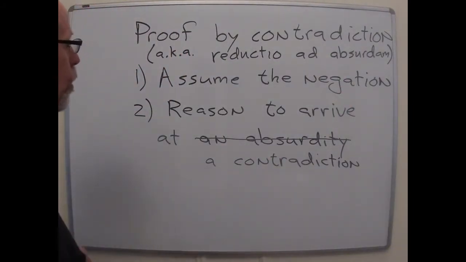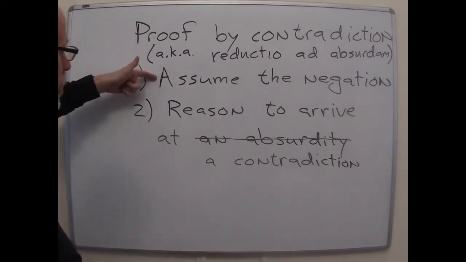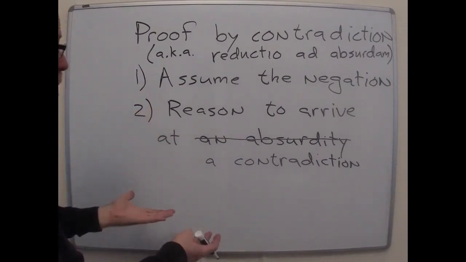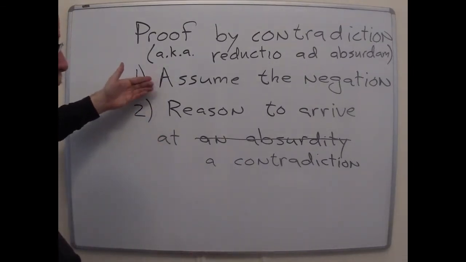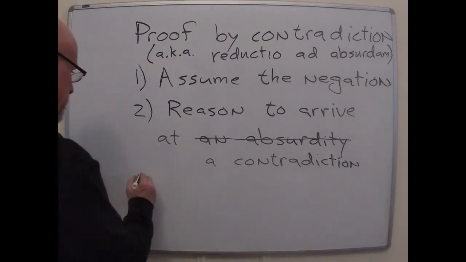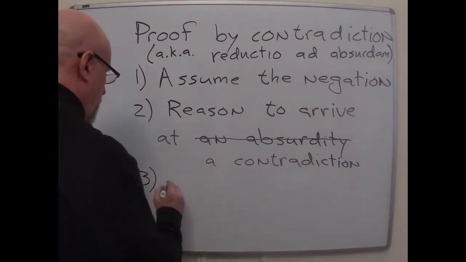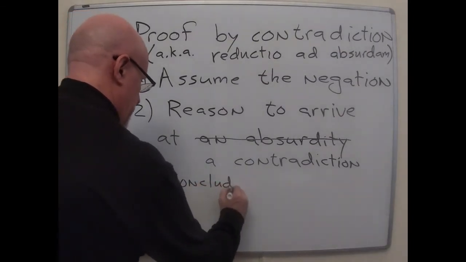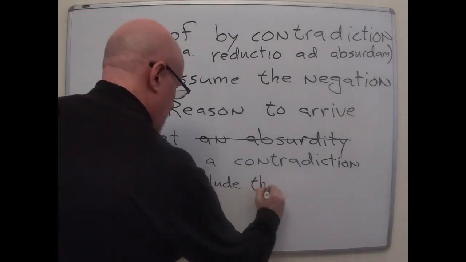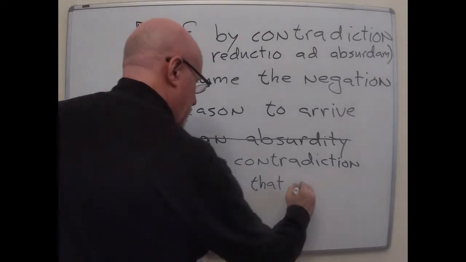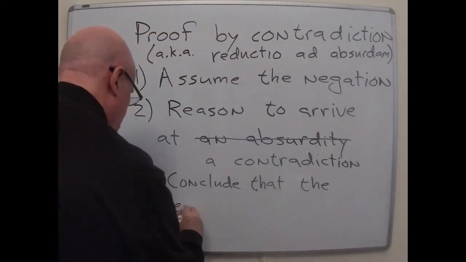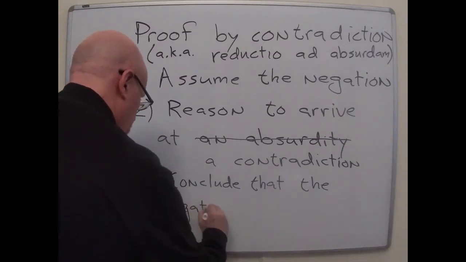So what does it mean if we assume the negation of what we want to prove, and then we reason and end up with something that's impossible? It has to be that this initial assumption was false. You conclude that your initial assumption was bogus. That is, the negation of what you are trying to prove is false.